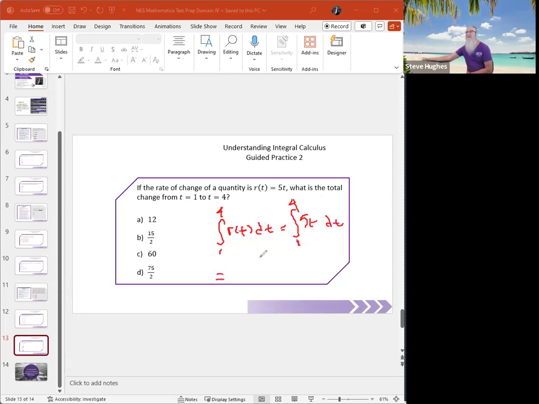Okay, the antiderivative of 5t is 5t squared over 2, right? From 1 to 4, which is equal to 5 halves times 4 squared minus 1 squared, which is equal to 5 halves times 16 minus 1, which is 5 halves times 15. 15 times 5 is 75.